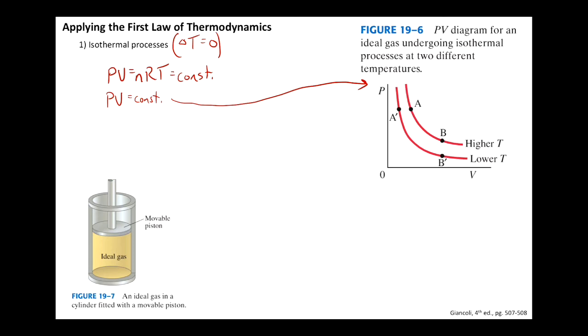But the temperature is not changing. Each one of these lines, just for reference sake, are known as isotherms. They are lines on a PV graph that represent no change in temperature. And we could say that going from A to B, or from A prime to B prime, or the other way around, are isothermal processes.